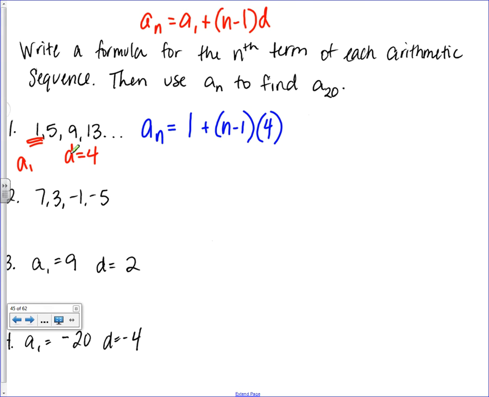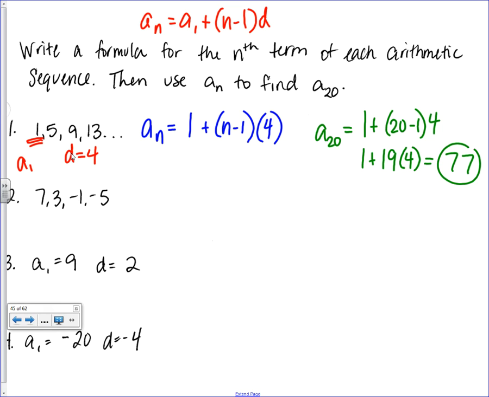Now if I want to find the 20th term, I'm going to do what I was doing in that last section, which will look like that, which is really 1 plus 19 times 4, which gives me a 20th term of 77.